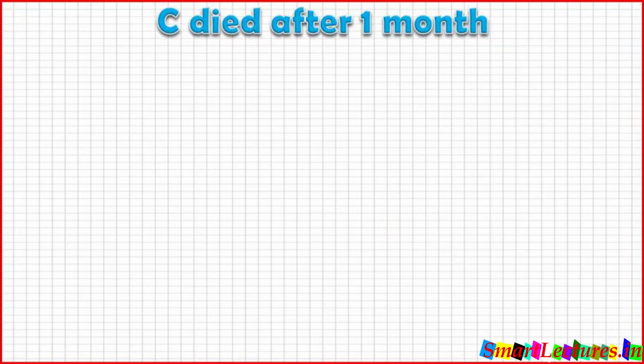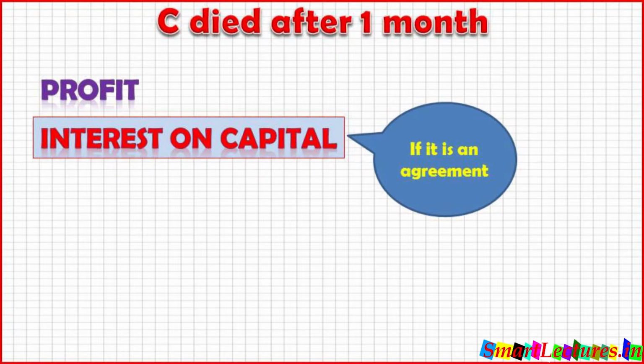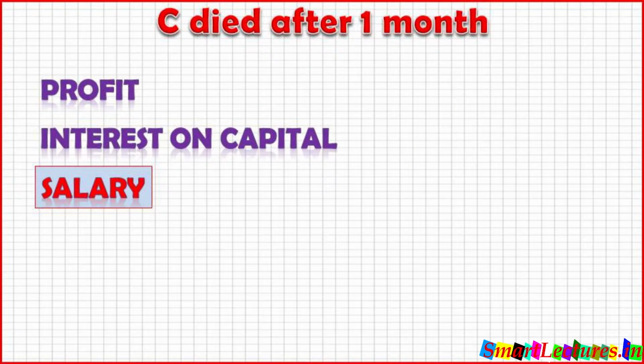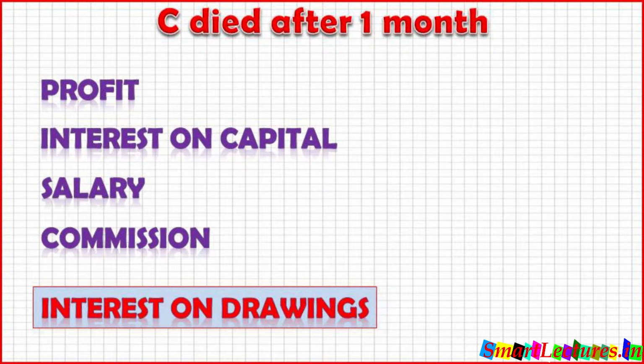In this question, C has died after 1 month. So as per law, he is entitled to get 1 month claim, and as per law, he can get the profit for 1 month, interest on capital if it is in the agreement, salary for 1 month if he is entitled, commission for 1 month if he is entitled, and he must pay interest on drawings for 1 month if this provision is in the agreement.